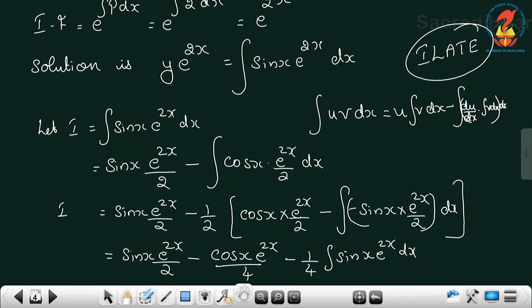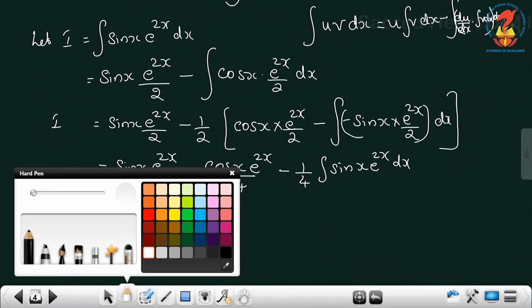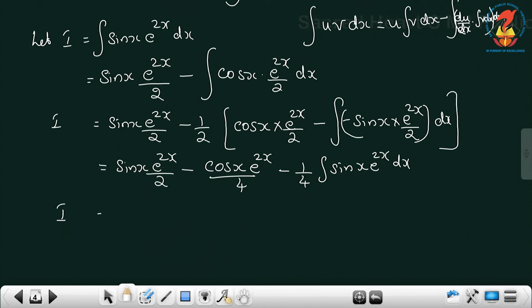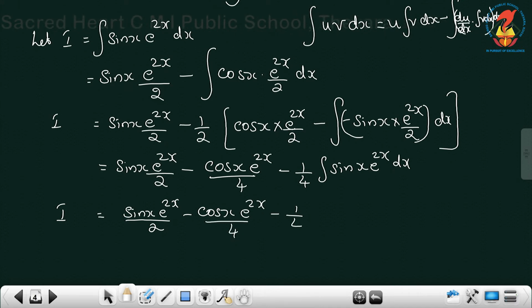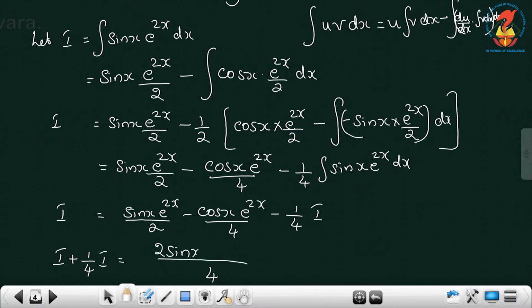So we can write as I. So I is equal to sin x e raised to 2x by 2 minus cos x e raised to 2x by 4 minus 1 by 4 I. Take I to this side. Here LCM we can take. So here 2 sin x e raised to 2x we can take out.